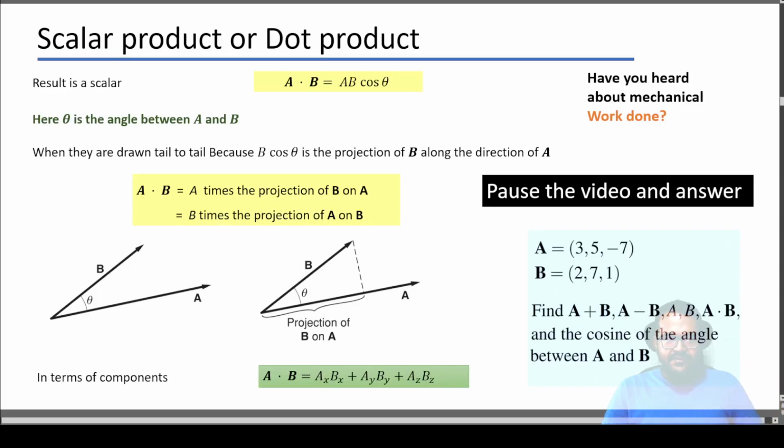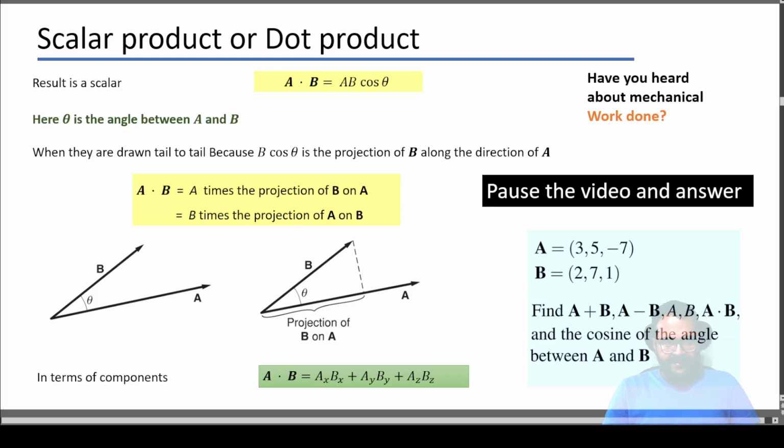Before I go to the exact components and all the detail, let me define a scalar product or dot product. I define the scalar product between two vectors a dot b as ab cos theta. a and b are the magnitudes of a and b, and theta is the angle between them.